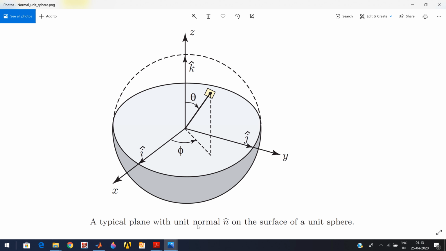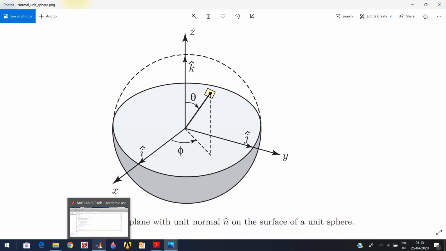So we'll consider this spherical coordinate system to represent all possible normal vectors, and then we'll choose a stress tensor and try to get the normal and shear stress components on the plane which might have all possible directions along the 360 degree, and we'll see what values we are getting.